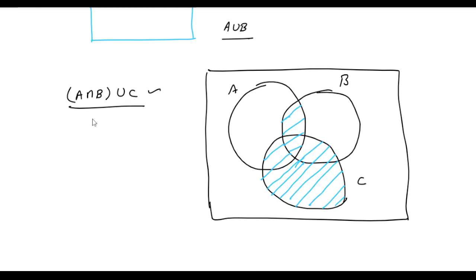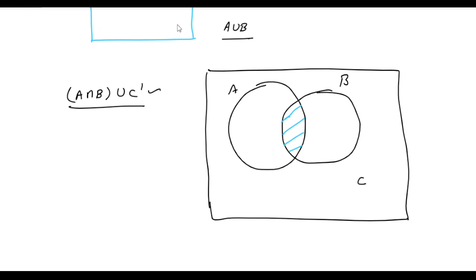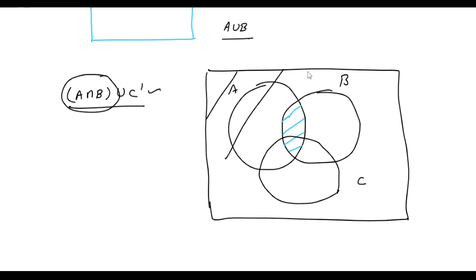Now, suppose in place of this A intersection B and this union C, it's union C complement. As I'm talking about union, this A intersection B definitely will be there. So whatever shaded portion I'm showing, and then outside C. Outside C will be this part.